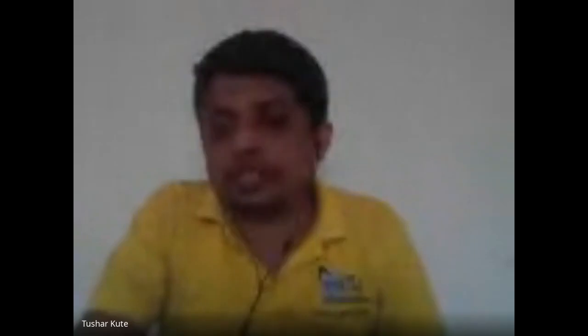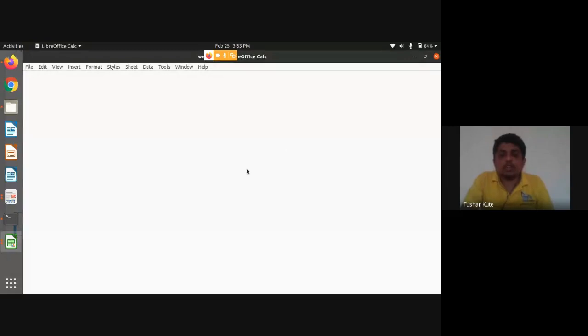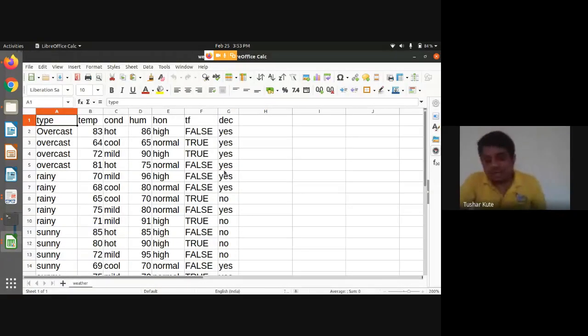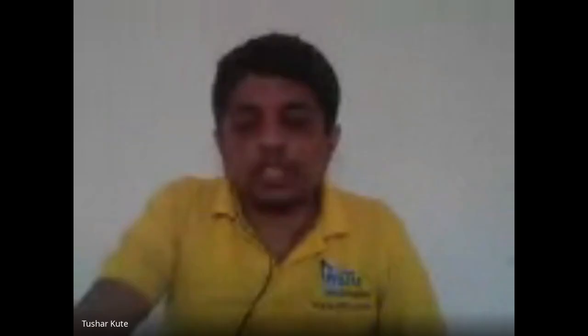Okay, let's see one more, the weather data set. A player is playing a game like a golf game. The data set is that whenever he goes to the ground, there are some different kinds of atmospheric situations shown over here, like what type of atmosphere is present, what's the temperature, what's the condition.